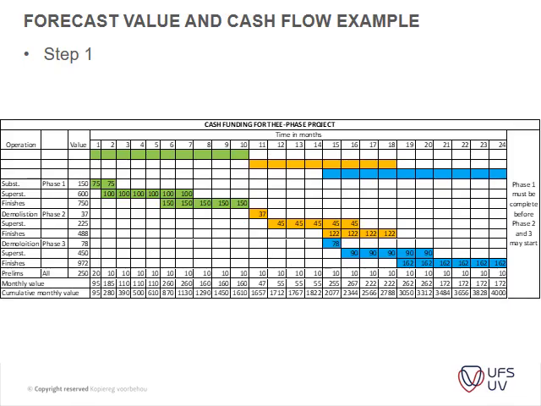Okay, putting that onto a graph. So we've got phase 1, phase 2, phase 3, and then we've got substructure, superstructure, finishes, all in this one. So you can see that we've got our expenditure for phase 1 for month 1. We foresee for our substructure we have expenditure of 75, and then 75 for the next month.